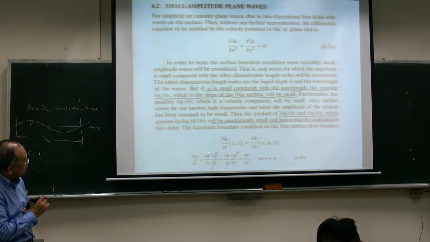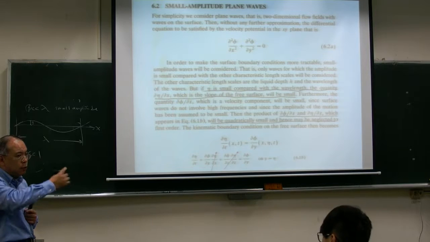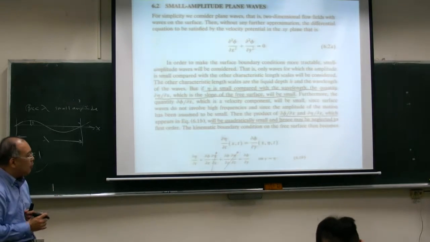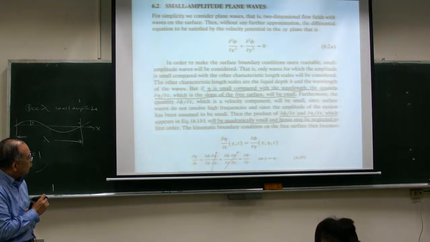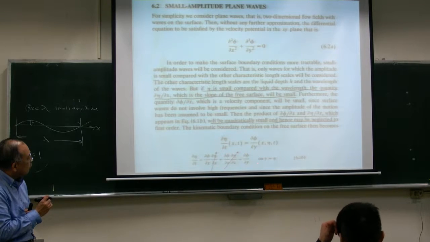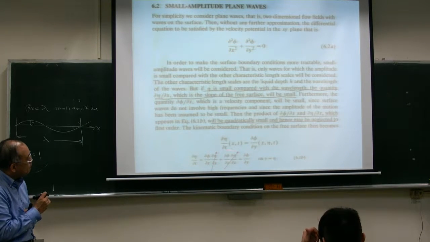This is the u velocity. And since we assume it's a plane wave, meaning a 2D wave, it is not a function of z. So any term related to partial z will be dropped. So we only have partial eta, partial t equal to v.